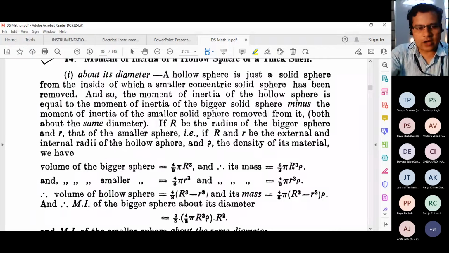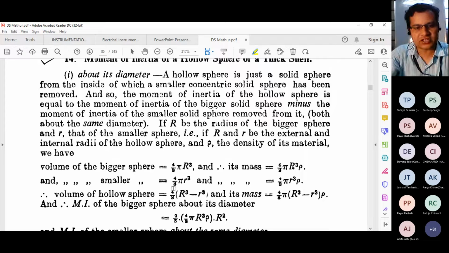So if you are writing down the volume, density is mass per unit volume. And you write down the spherical volume as 4/3 pi r cube. To write down the mass, you just multiply the density with the volume. 4/3 pi r cube times density becomes the mass.